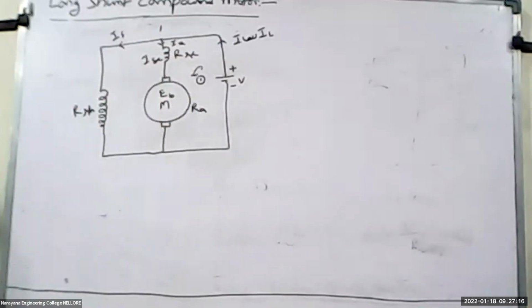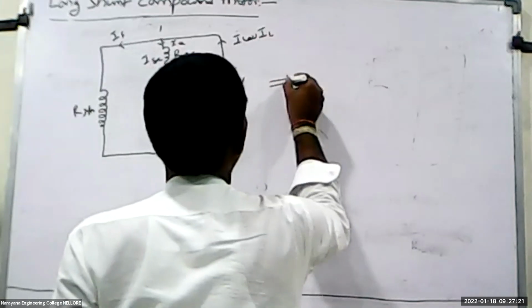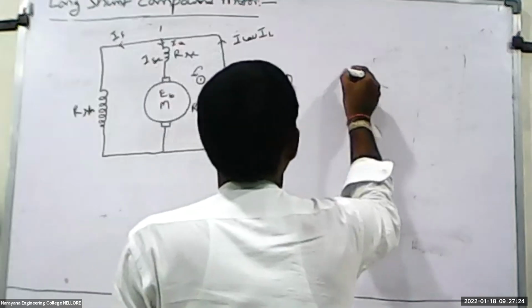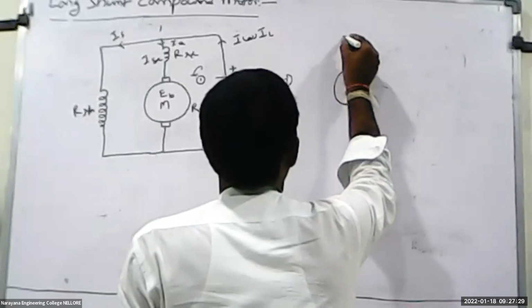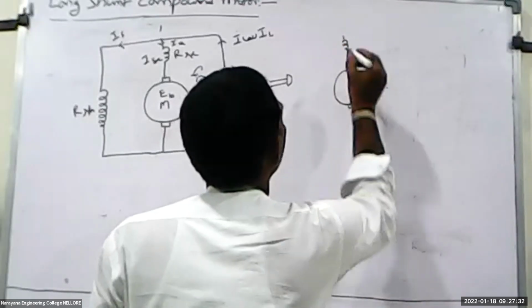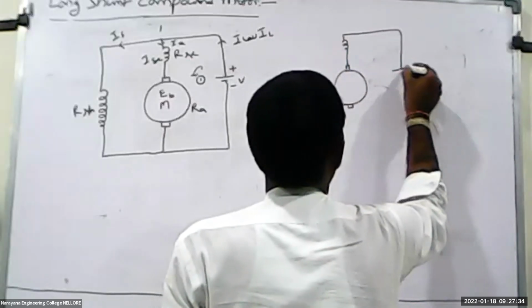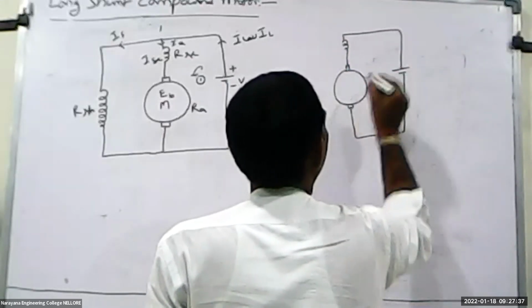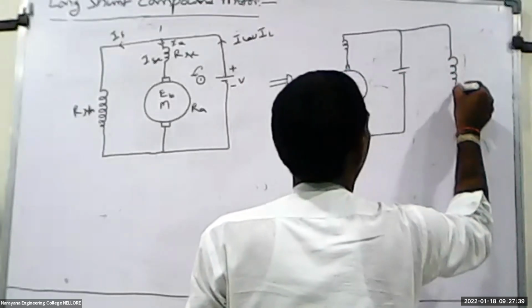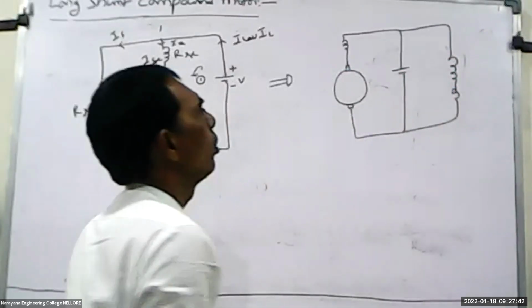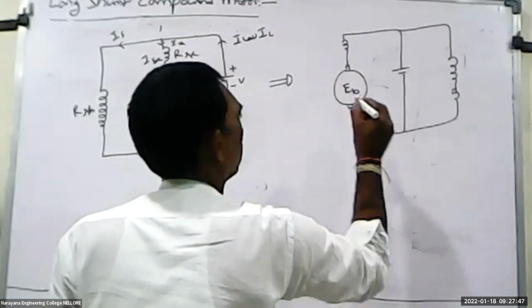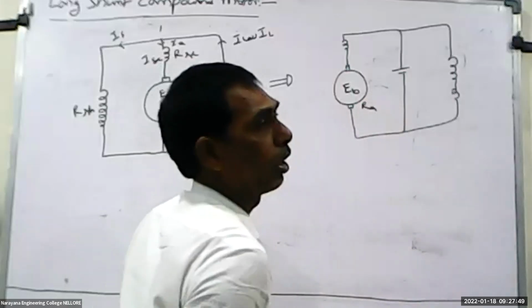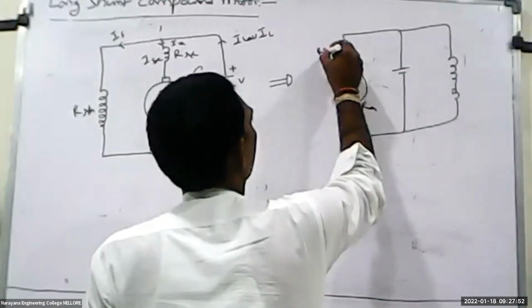Another one is same as the previous one. Previously I have modified that, so we have to go for the modification also, same as the previous one. This one side is series field winding and the supply. Another one is a shunt field winding. So the back EMF of motor is EB. The armature resistance is RA, and this is considered as RSC.